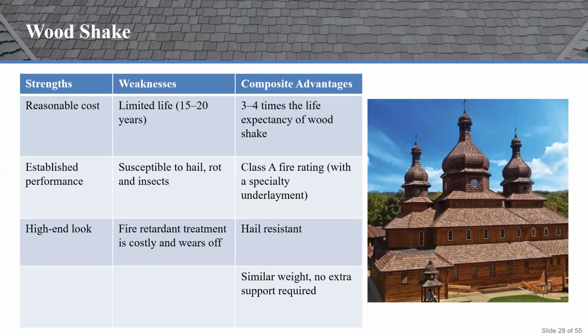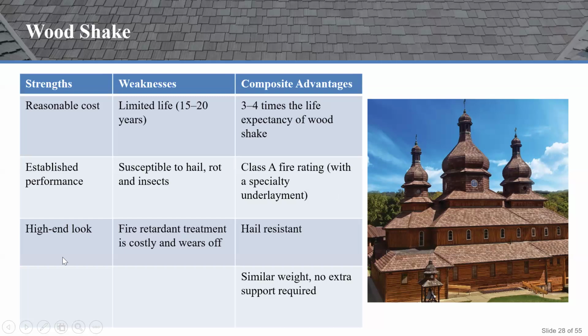It has a lot looser grain, less tannins in it, and those products are very susceptible to hail, rot, insects in a quick period of time. With composites, you're going to have a Class A fire rating utilizing a Class A fire rated underlayment without having to treat it with any type of intumescent coatings or fire retardant coatings over time.